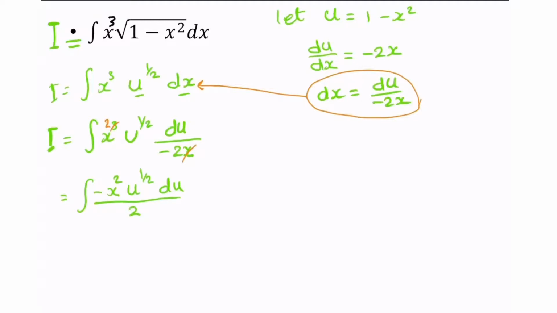Right, okay. In this case, we still have x in the integration. We shouldn't get any x in the integration when it becomes du. So we need to get rid of the x, basically.